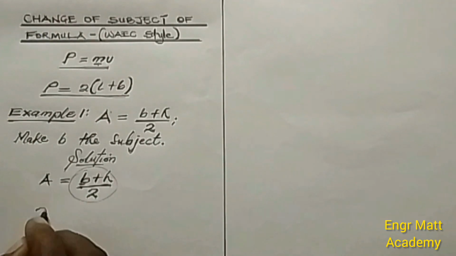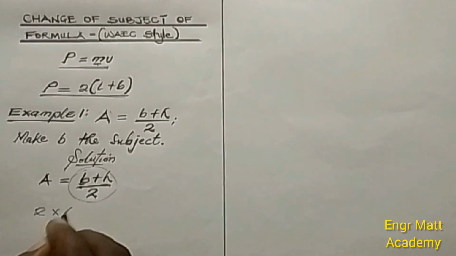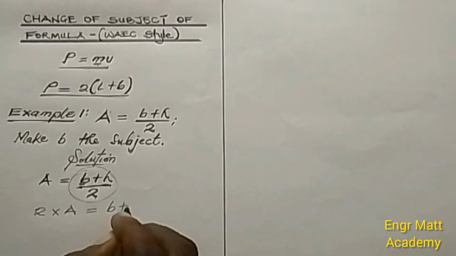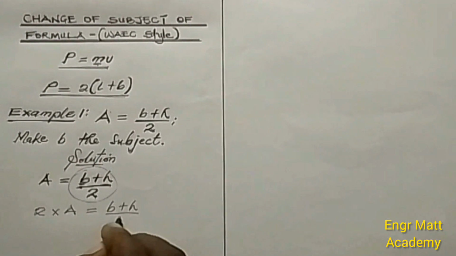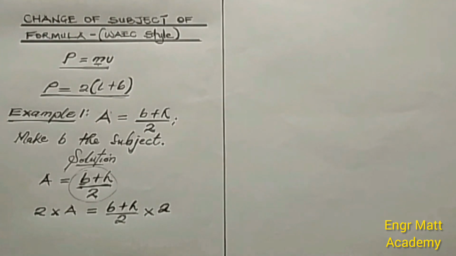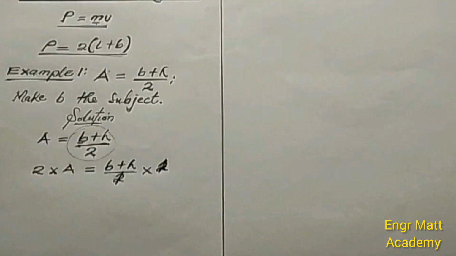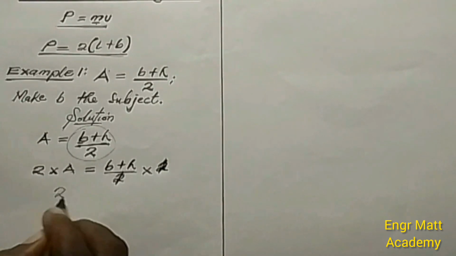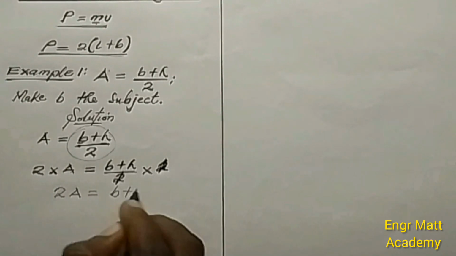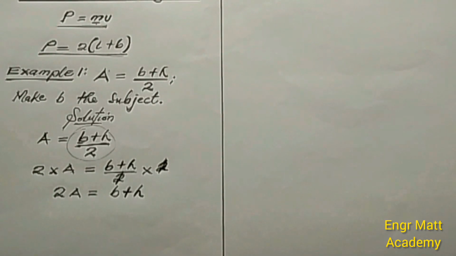So we say 2 times A equals B plus H over 2 times 2. Once this is done, 2 will cancel out on the right hand side. 2 times A, 2A equals B plus H. Remember, our task is to make B the subject of the formula.